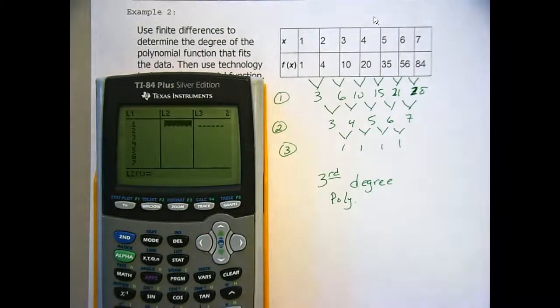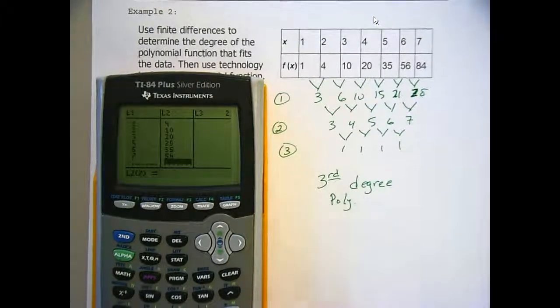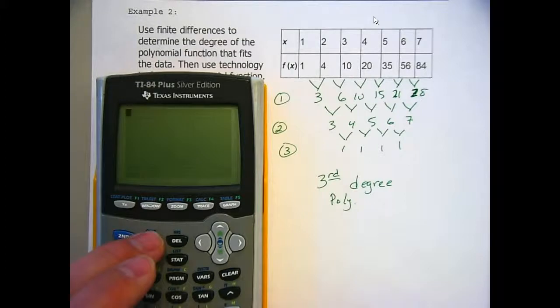List 2 will be f of x. Make sure you have the same numbers in each. Okay, once you get there, you hit quit.